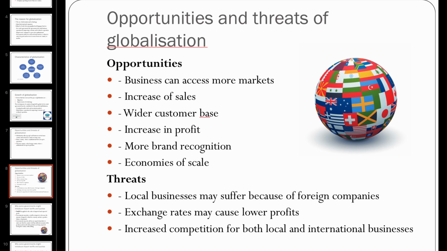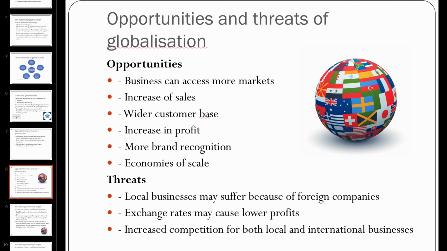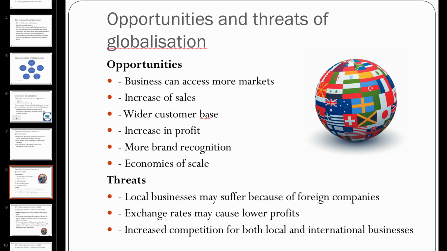Opponents of globalization claim that increased globalization has led to increased demand for goods and services at the cost of environmental damage. Globalization also forces companies to conform to a standard culture, and this may lead to a loss of individual culture in the host country. For example, we can't have kimchi sauce in Malaysia, and you can't have a pork burger in Malaysia.